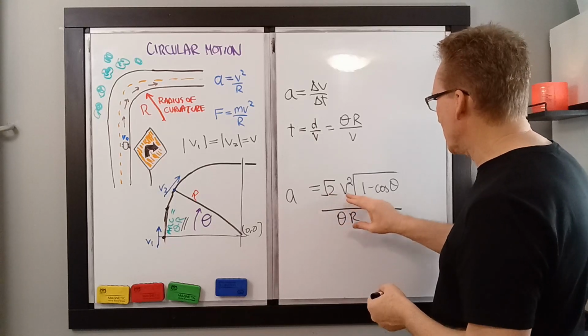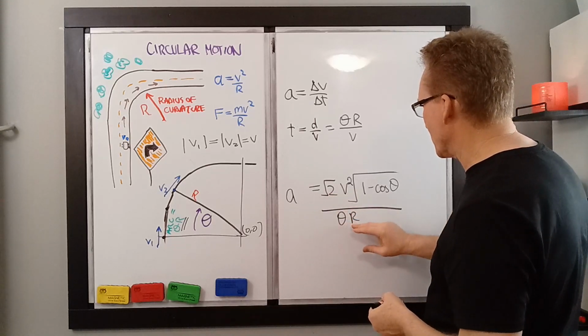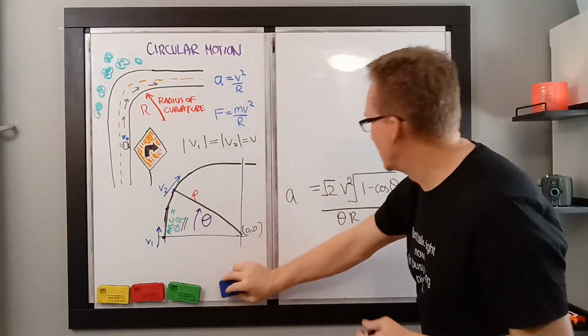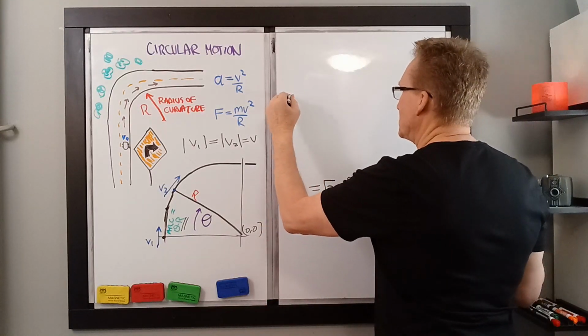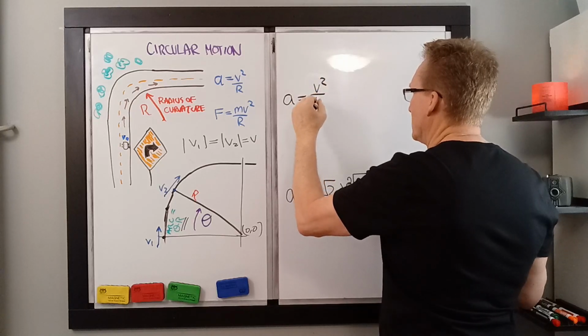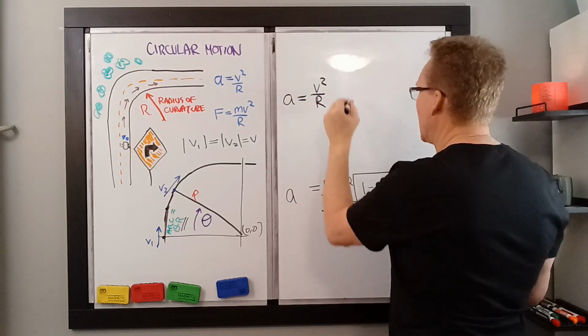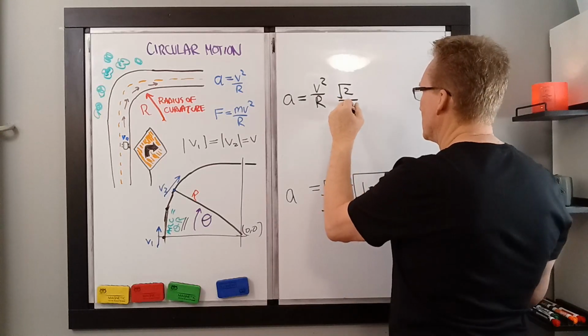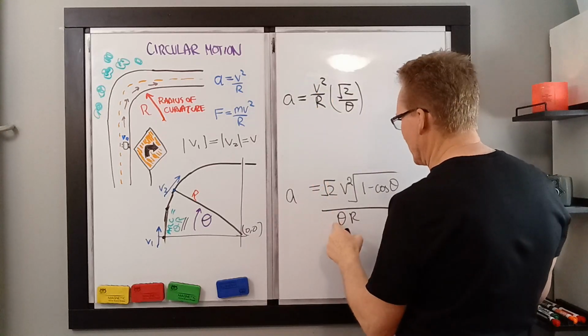We have a root of 2 here, v squared over r, but we have an extra theta. So I'm going to erase some of this stuff here, rewrite this a little bit neater up here. So the acceleration here now is equal to v squared over r, and then root 2 over theta. This is some extra stuff here.